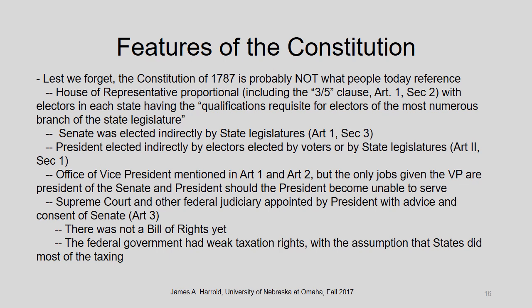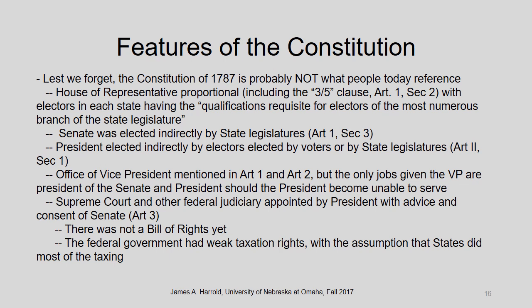The office of the vice president is mentioned in Article 1 and Article 2, and there's really no job given to the vice president except president of the Senate and becoming president should the president become unable to serve. Well, one of the things that happened precedent-wise was John Adams hated the job of vice president. And so he really didn't spend much time in the Senate.